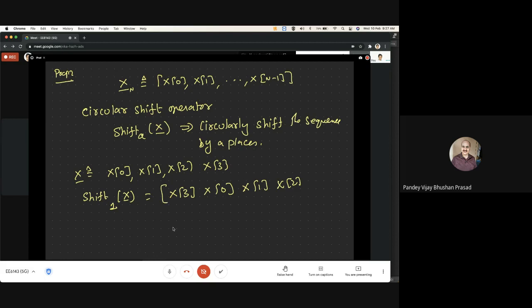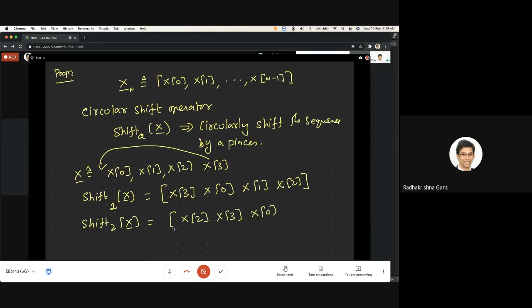Sir, you are shifting it by one place, so it should be x1, x0, x2, x3? No, I'm shifting this side, from the back side. X3 is coming here, then x0, x1, x2. Suppose I do shift 2 of x. That will be x2, x3, x0, x1, and so on.